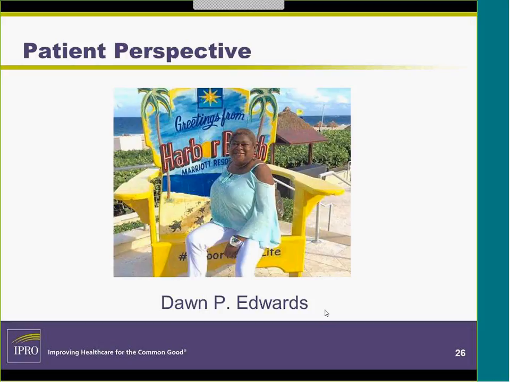I've been an ESRD CKD patient for 25 years. I spent 3 years on in-center hemodialysis, and around that time, after the 3 years of in-center, I decided that I needed to feel more empowered and more in control of my treatment.